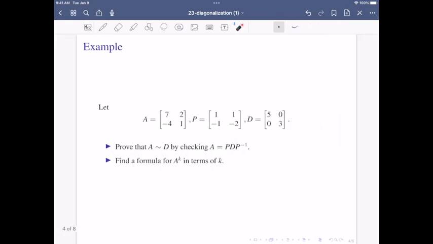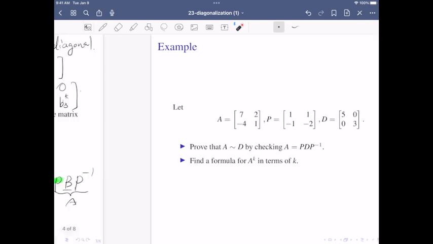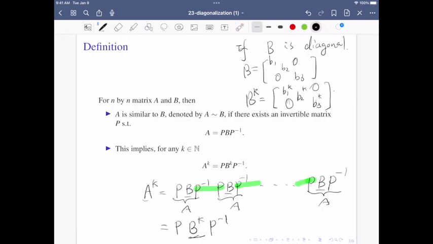Maybe we should add one more definition. By diagonalization of a given n by n matrix A, we want to find two matrices.